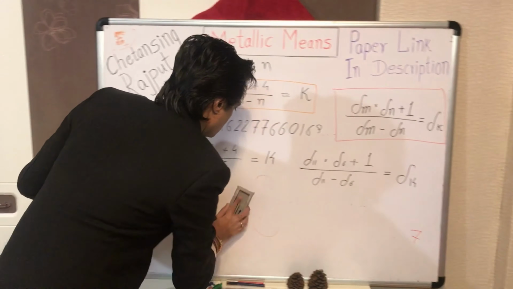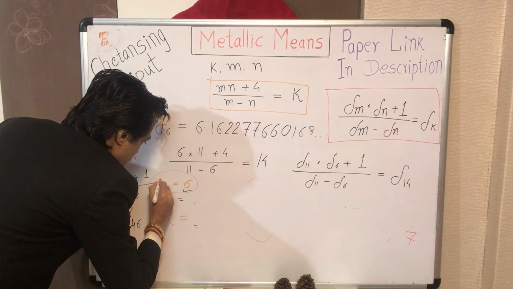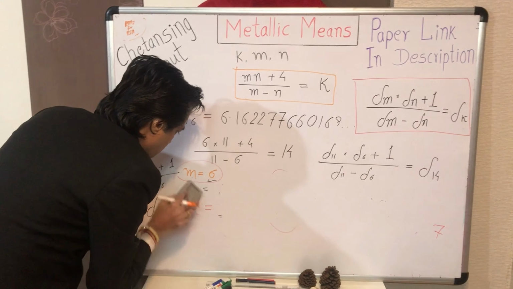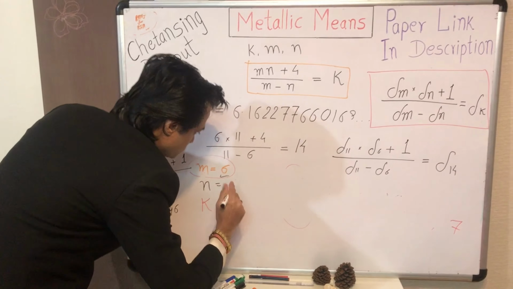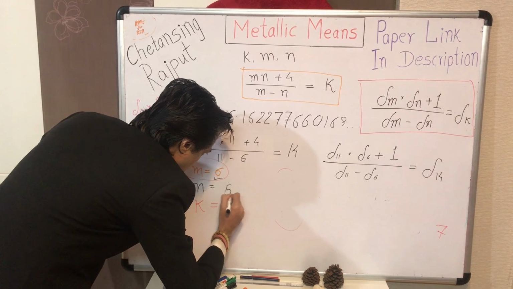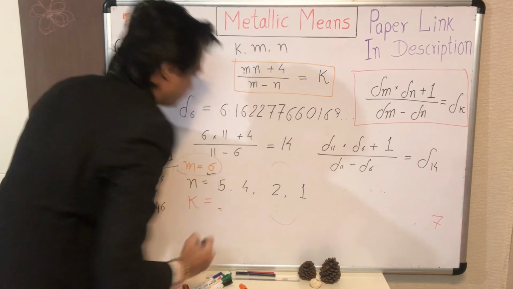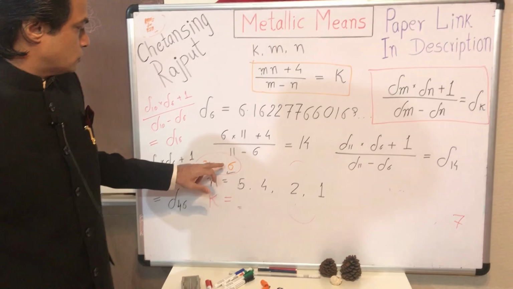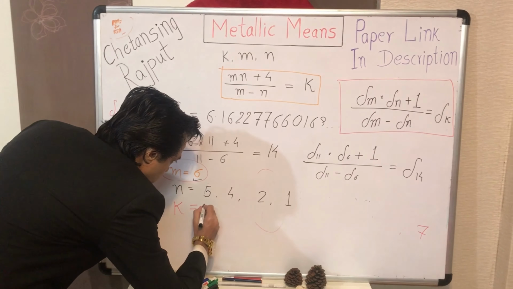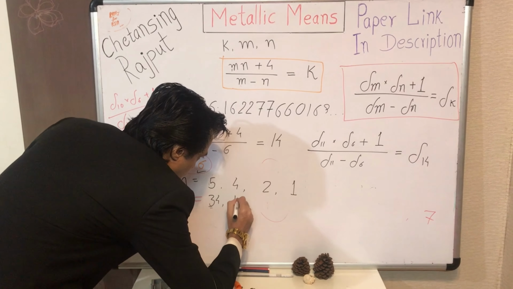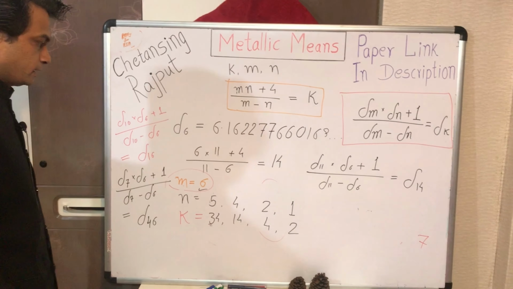Consider here, if m is equal to 6 and n is smaller than 6, like 5, 4, 2 and 1. If we put these values of m and n in this formula, we get the values of k like 34, 14, 4 and 2.